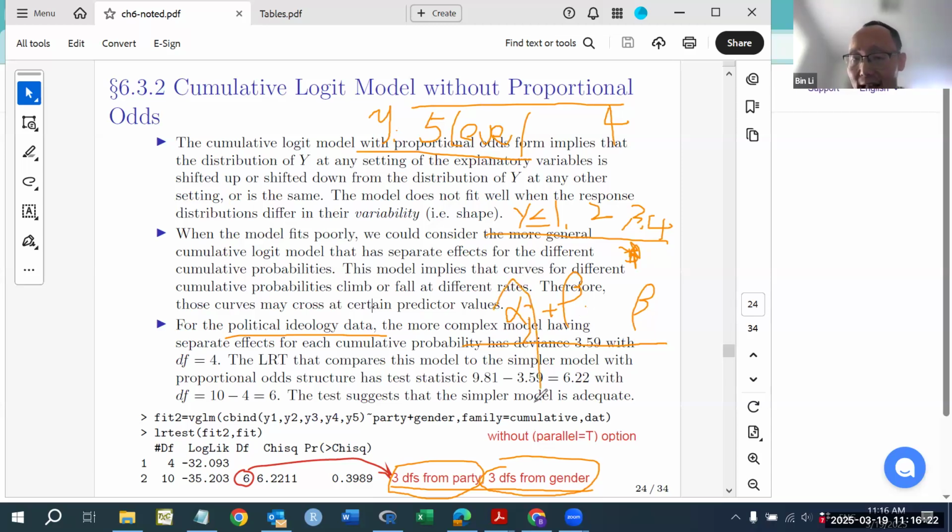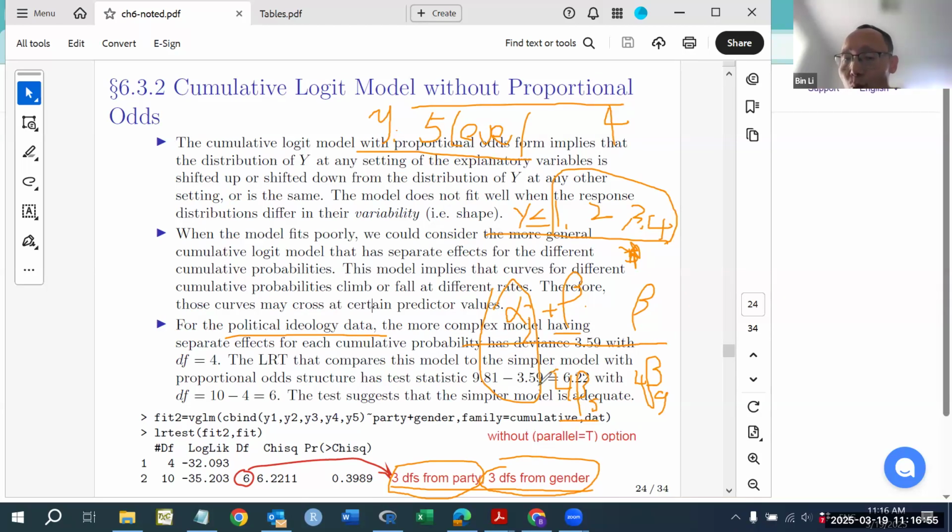So that part is the same between with and without proportional odds. But for the party, how many parameters do we need? We need 4, is that right? 1 for each model. So we need 4 betas for the party and 4 betas for the gender. Is that right? So you can see the difference in the number of parameters we need.